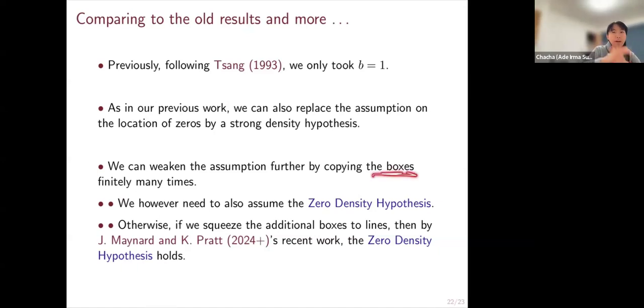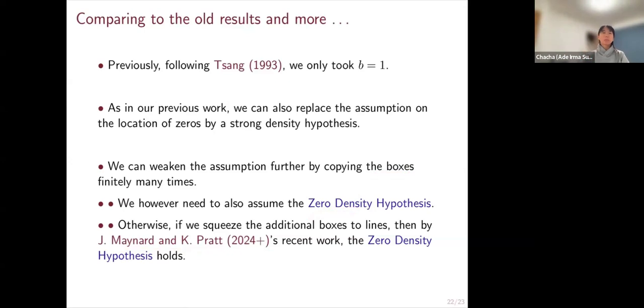But if we have finitely many boxes, not only one box, then you need to assume the zero density hypothesis. But actually, this idea also originally comes from Maynard and Pratt's recent work. They put it on arXiv, I think in 2022.